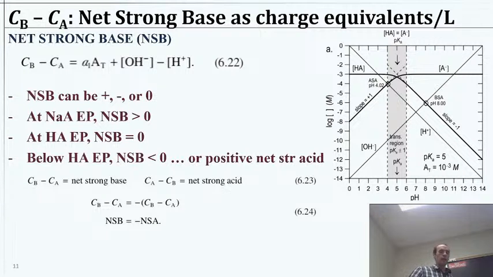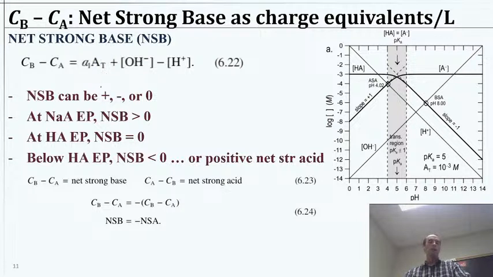So if we have this equation that we keep talking about, we'll notice that the net strong base, NSB here, can be positive, can be negative, can be 0. So where do we start? Well, if the net strong base is 0, then essentially, if we had no acid, it would be at pH 7, right? Because OH minus minus H plus would be 0.